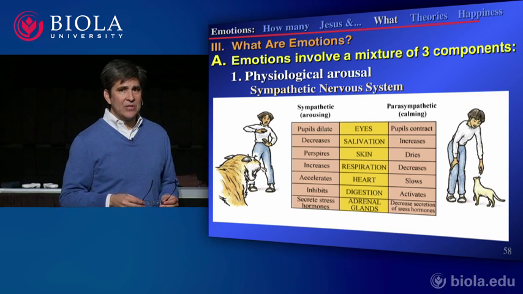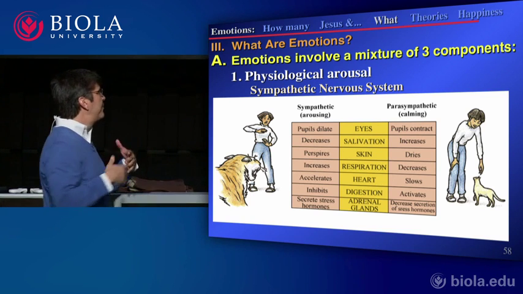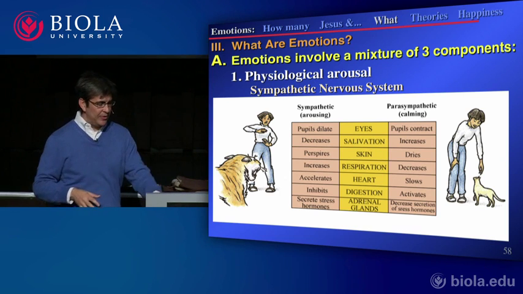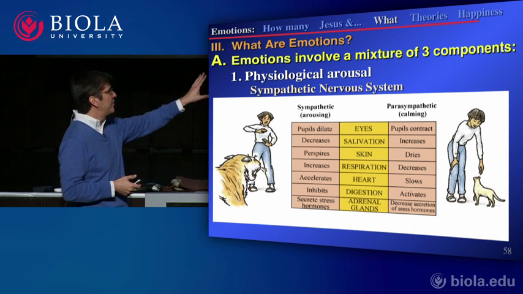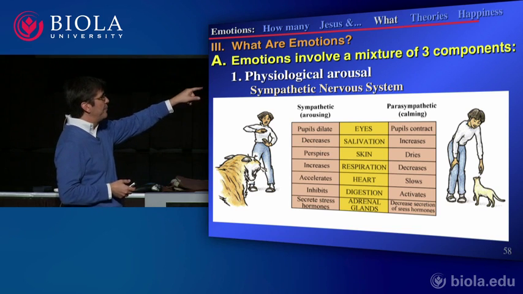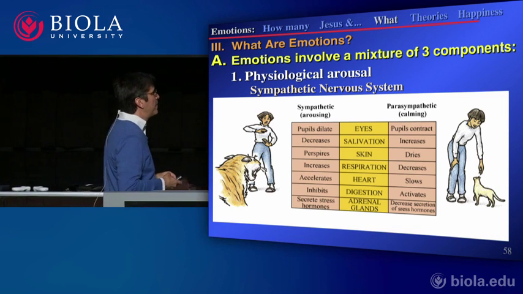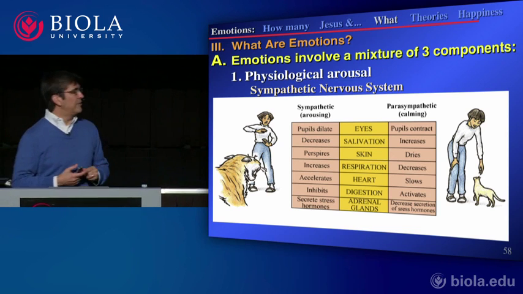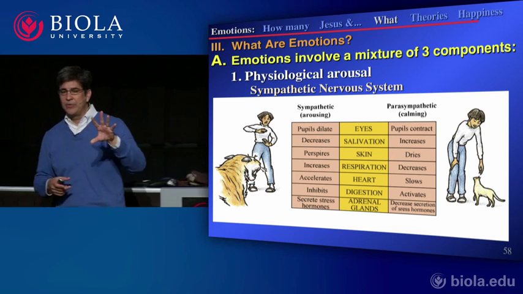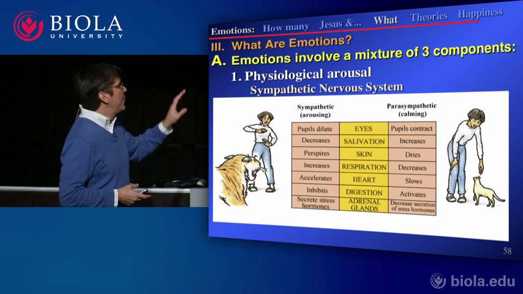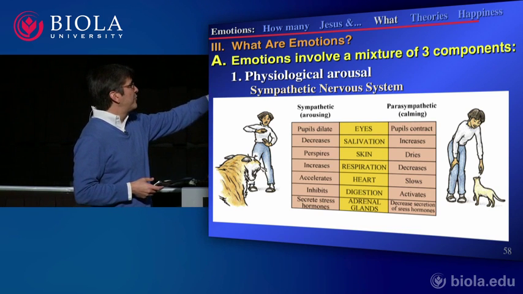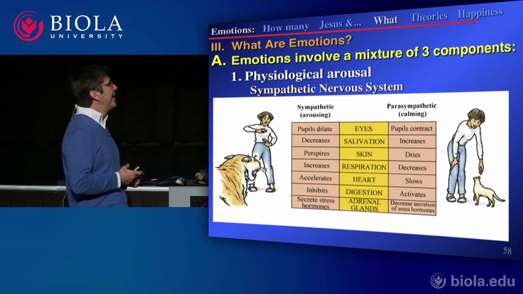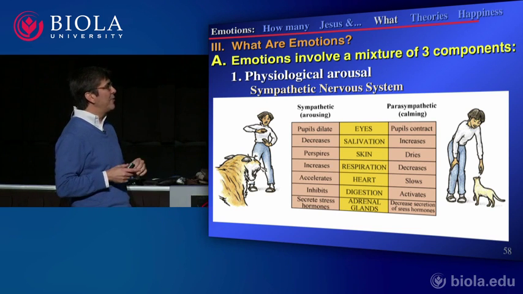We call that fight or flight. The sympathetic nervous system gives us these reactions. Our pupils dilate, the skin perspires, your heart accelerates, and your adrenal gland pumps out stress hormone. This is in your textbook. So the sympathetic goes like this: it's a scary tiger. And then your parasympathetic calms you down. Oh, no, it wasn't. It was just a small cat.